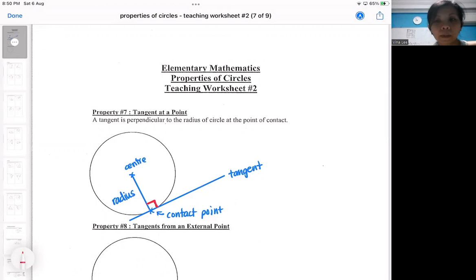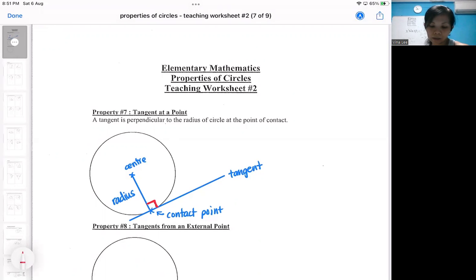So this is another property. All the 90 degree properties are important because they will lead you to some amount of trigo. Sometimes we say this is radius perpendicular to tangent, or you can just say tangent at a point.